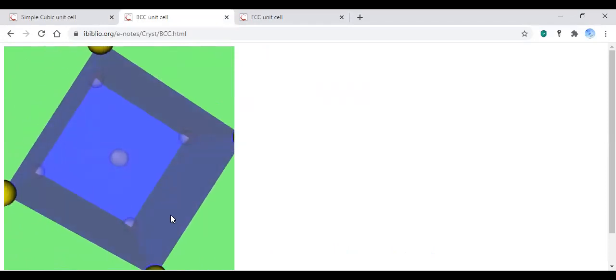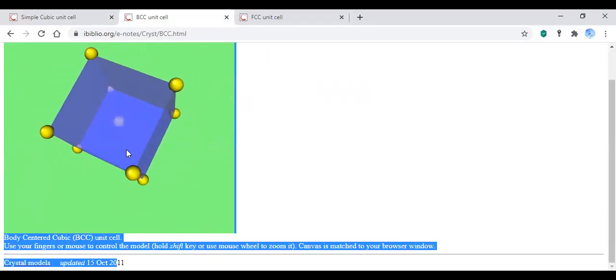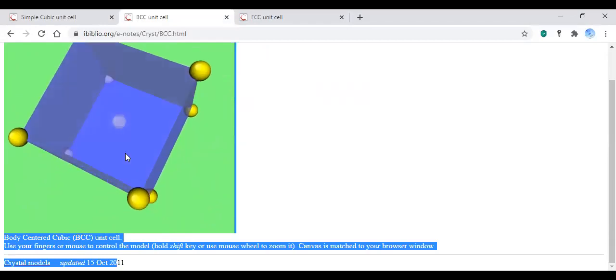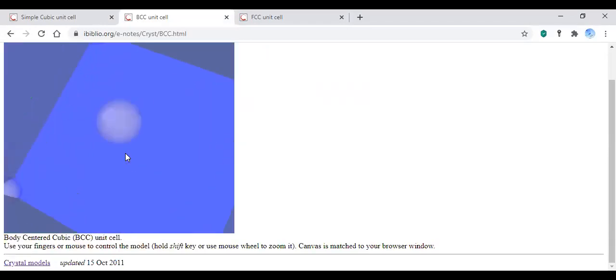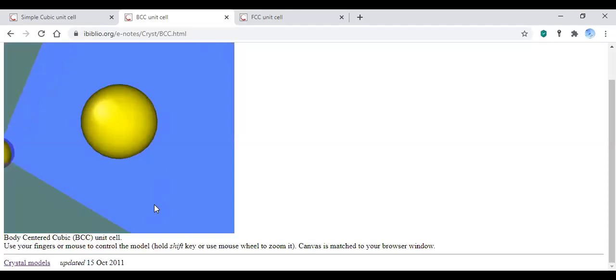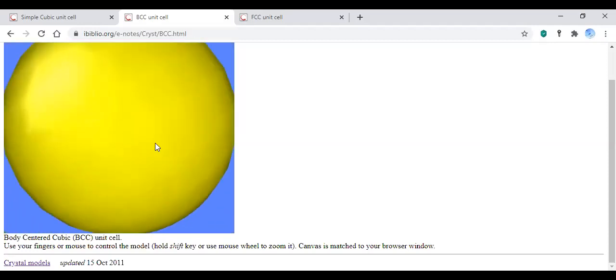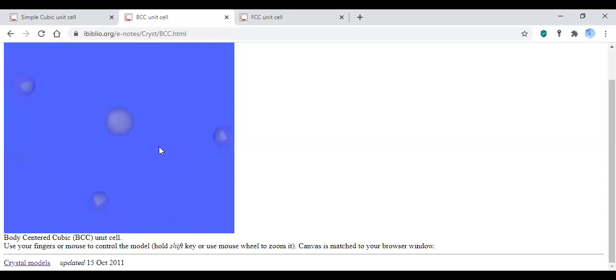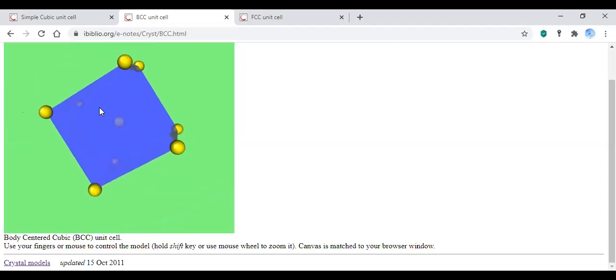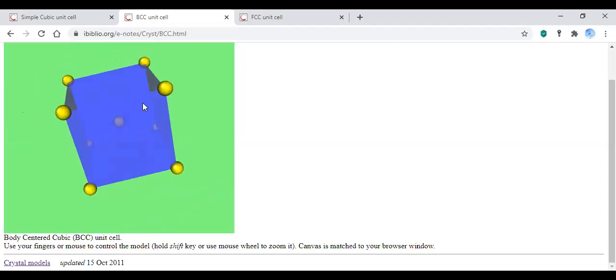Along with that, what is additional with respect to the body-centered unit cell? If you observe, I'm zooming in, try to focus on this. There is a particle present at the center of the body of the unit cell. This yellow spherical particle is the particle present inside the unit cell. Is this inside particle shared by any other unit cell? No, it belongs completely to this unit cell.